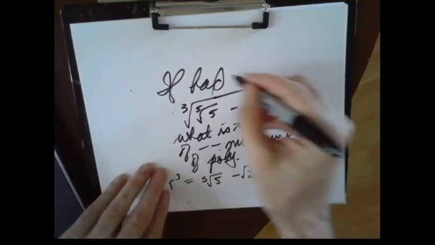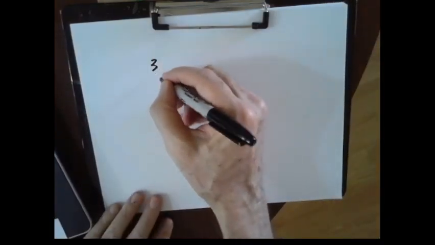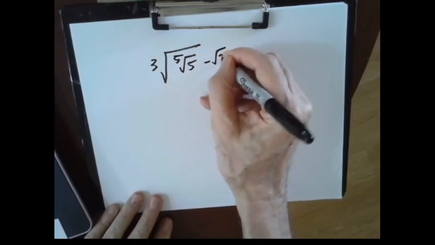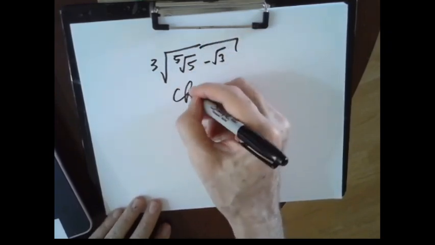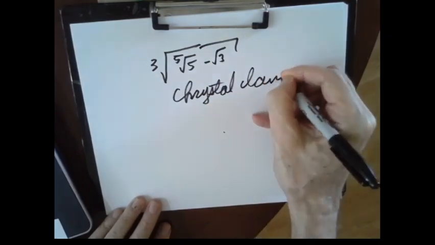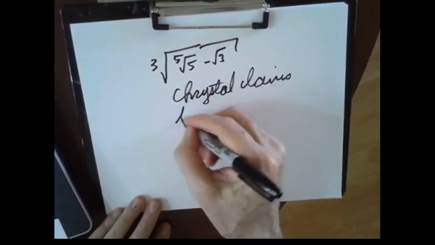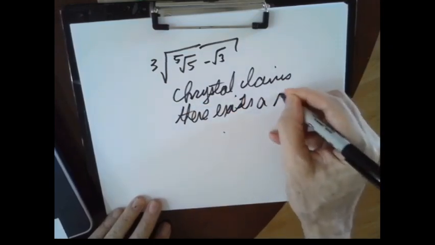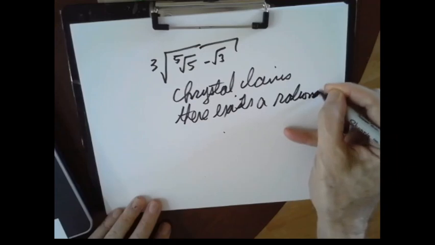Well, if you took something like this, I think Crystal claims there exists a rationalizing factor.